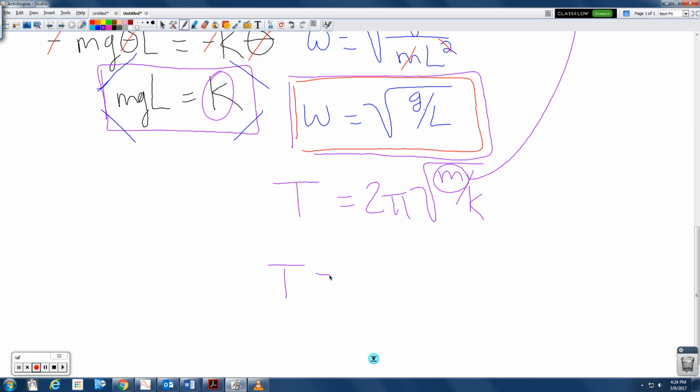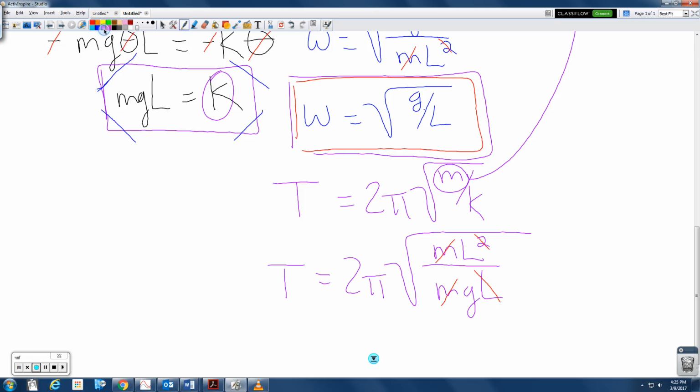Let's substitute these values in. We get T equals 2 pi times the square root of the moment of inertia, mL squared, because the radius is equal to big L, divided by k, which we found was mgL. Okay, looks good. We simplify. The m's go away. One of my L's goes away.